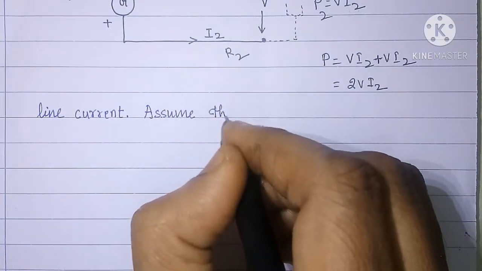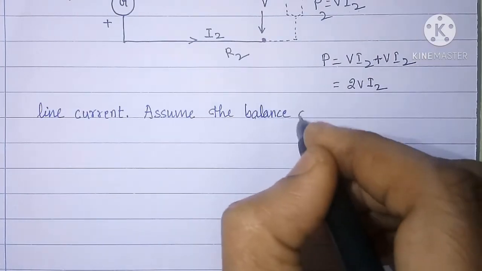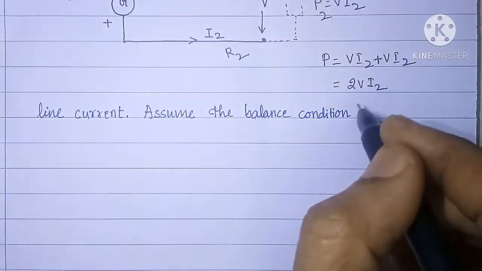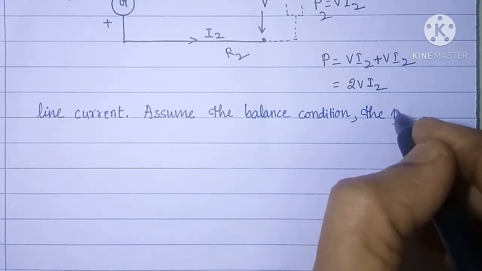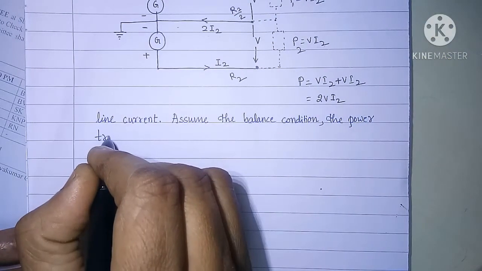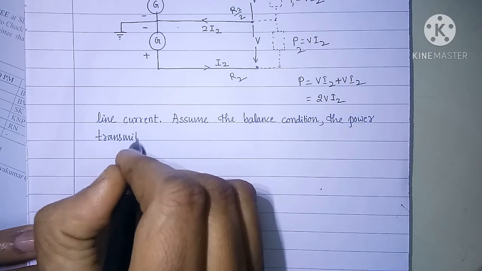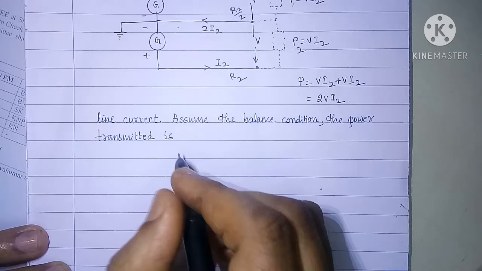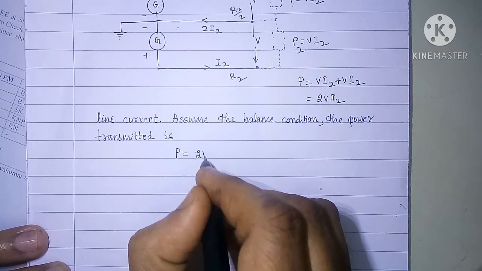Assume the balance condition, the power transmitted is P equal to 2VI2.